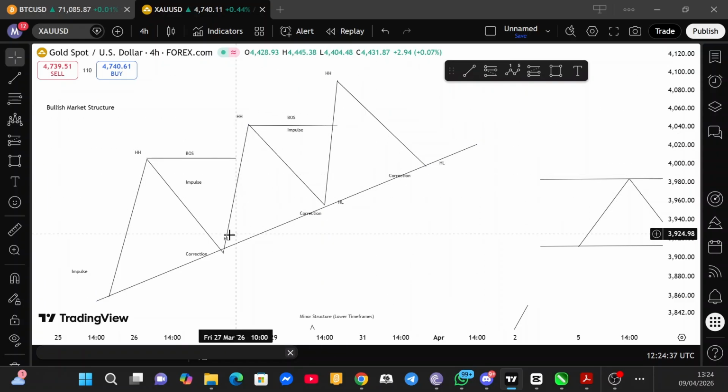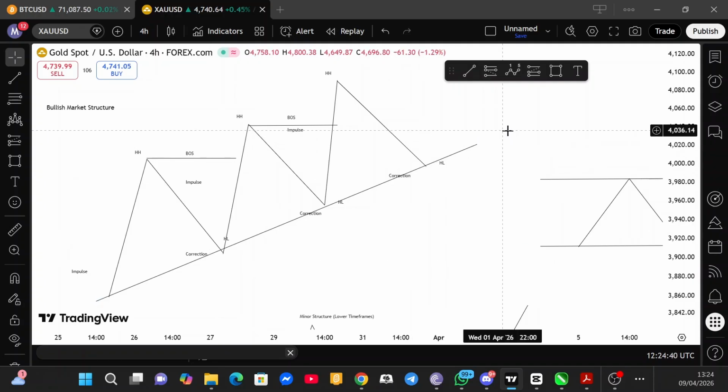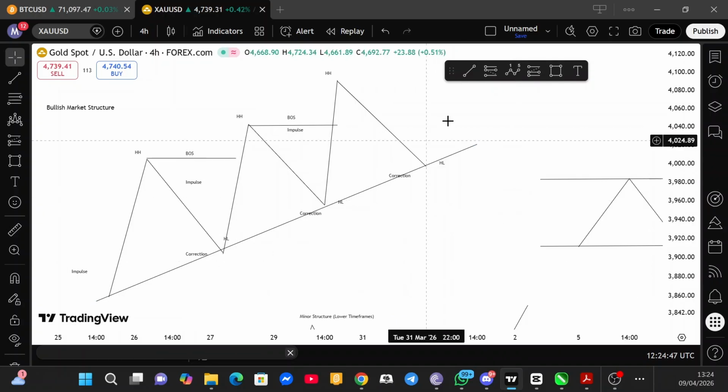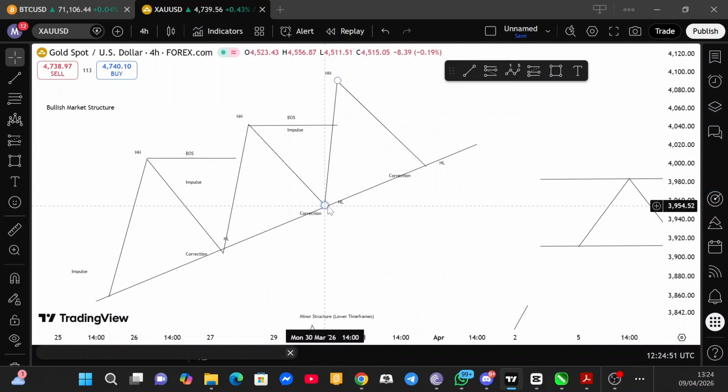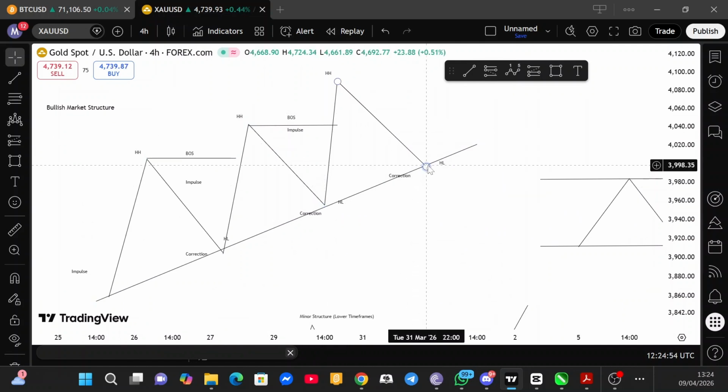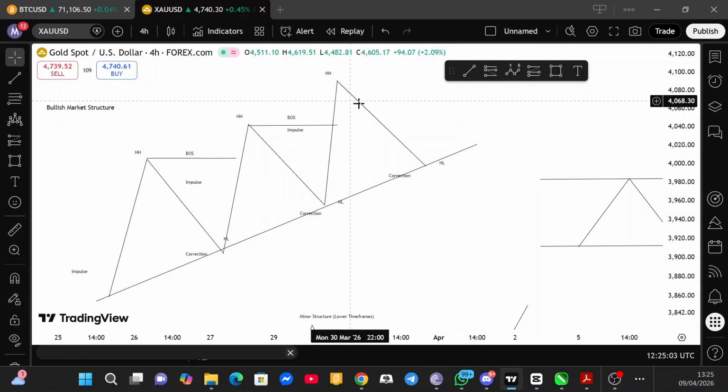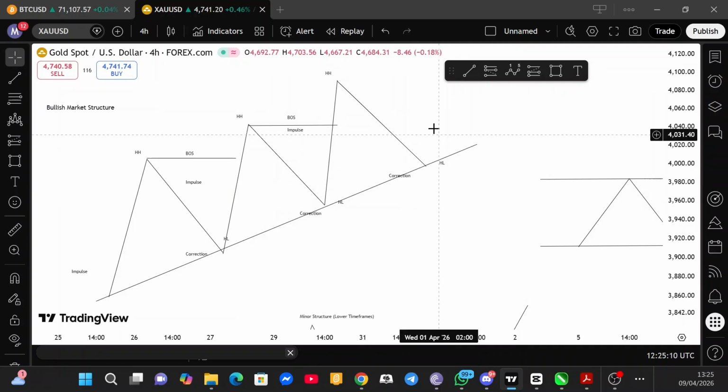Now this can be a very good method for getting your entry. I remember there was one day I opened my chart and I noticed a pattern like this, and it had already formed two higher lows, and it came and hit my trend line. I noticed on a lower time frame that the market was turning, as a change of character had taken place, changing the structure of the market from the correction phase back to the impulse phase.